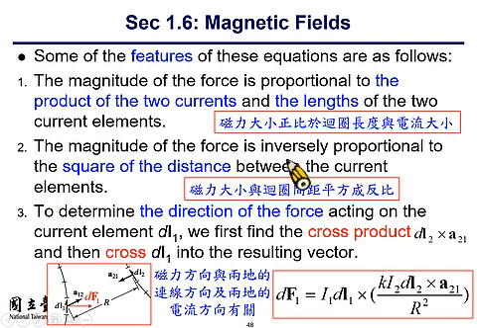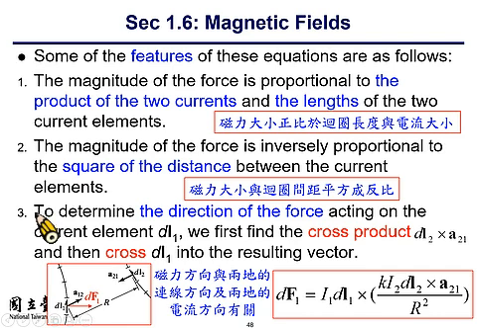Second, the magnitude of the force is inversely proportional to the square of the distance between the current elements, as we can see here. So the first one is proportional to I1 dl1 times I2 dl2. The second observation is that the force is inversely proportional to R squared.